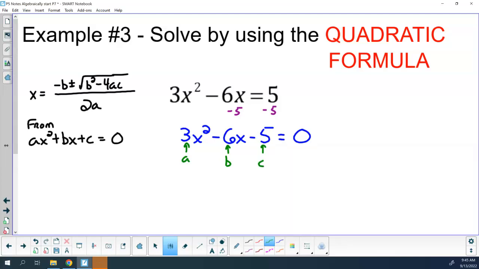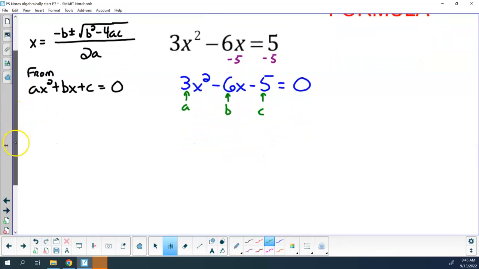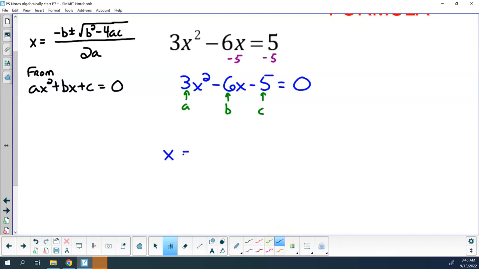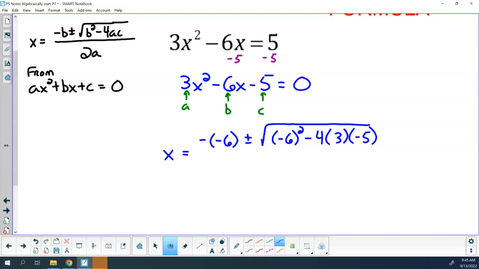So if I'm utilizing the quadratic formula now, I would say x is equal to the opposite of b, which would be negative of negative 6, plus or minus the big square root of negative 6 squared minus 4 times 3 times negative 5, all over 2 times 3.